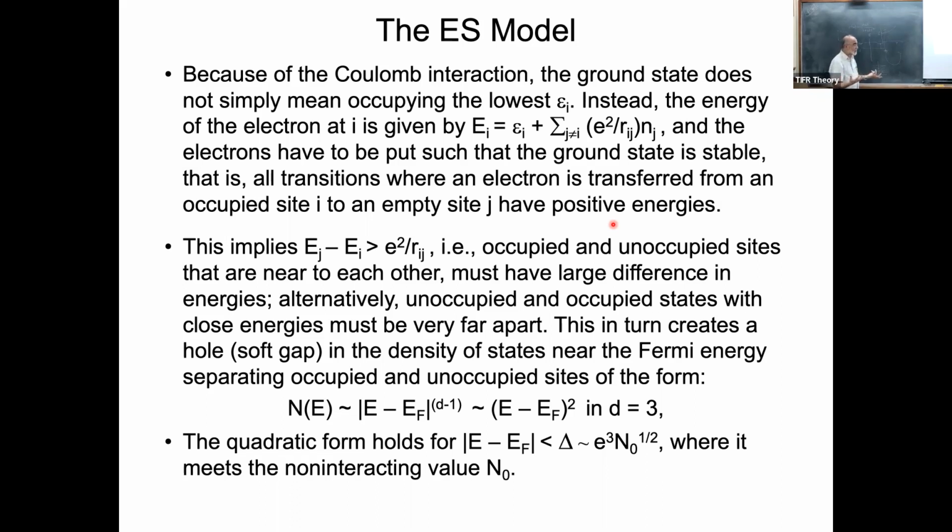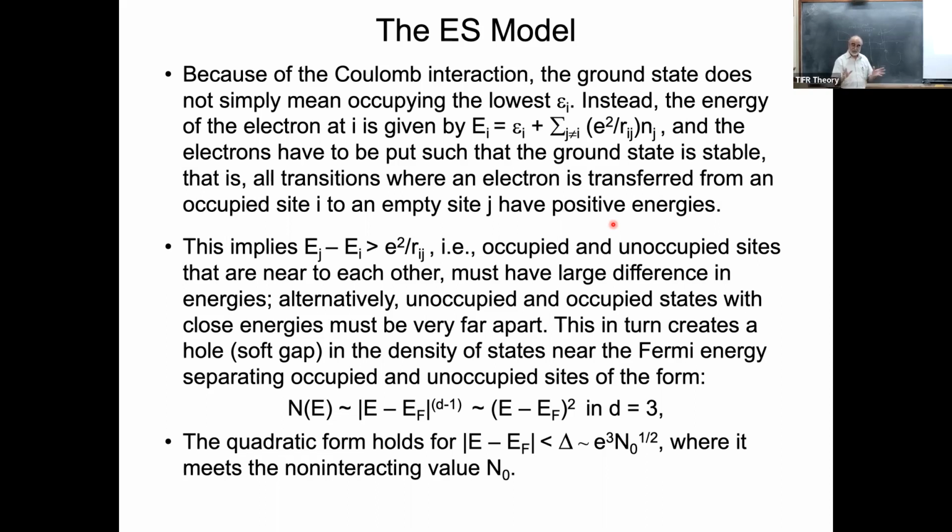And then the other thing you can say is that when you want to move an electron from any occupied site to an empty site, it better cost energy. That's what's meant by ground state of the system. The ground state means lowest energy state. So if you move your electron from an occupied site to an unoccupied site, it better cost energy.